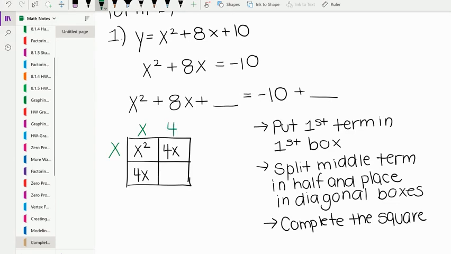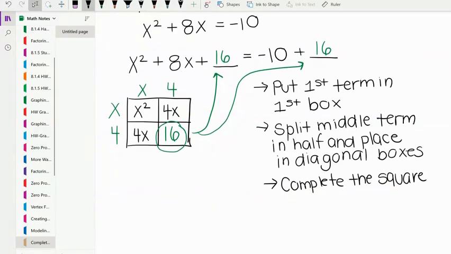X times 4 is 4x, and x times 4 is 4x. So we need that missing square. We're going to complete it. 4 times 4 is 16. So I take that number 16 and I place it in both of these equal signs. So I would have 16 and 16.